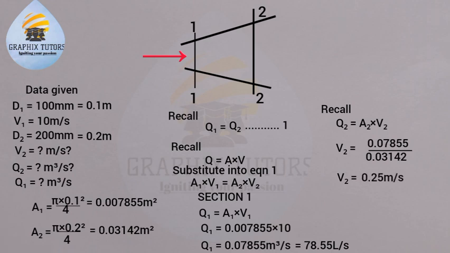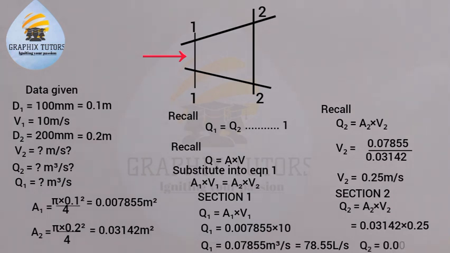With this, we can easily substitute into the equation above that says Q2 is equal to A2V2. Now we're looking for our Q2, the discharge at that section. A2 is 0.03142 multiplied by V2, which we calculated to be 0.25. When you multiply both of them, you'll have 0.00785 meter cube per second.